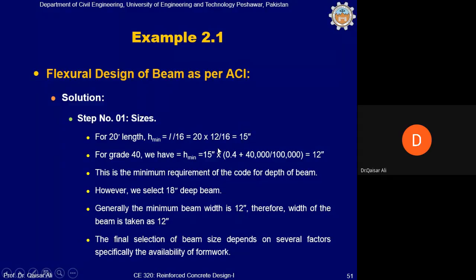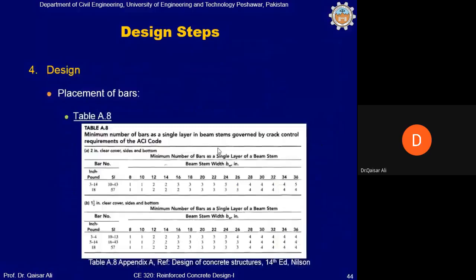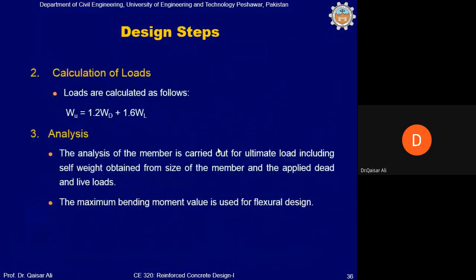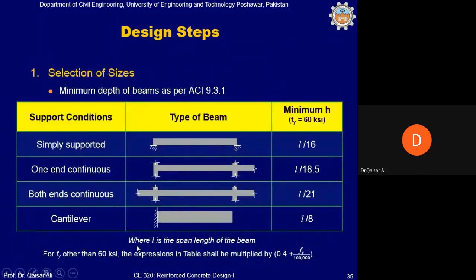But there is a note in the slide. I will show you the note again. There is a note at the end of the slide. This is the note: that for fy other than 60 ksi, the expression in table shall be multiplied by 0.4 plus fy divided by 100,000. So these equations are only for grade 60 steel.